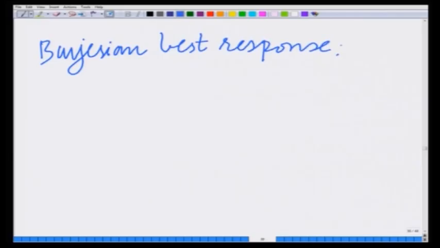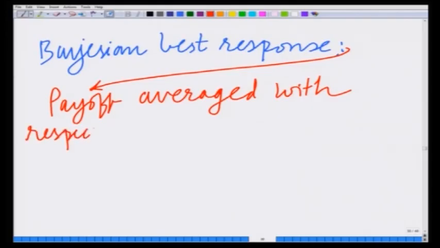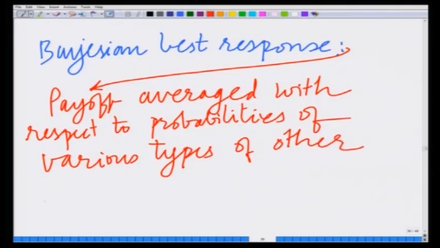It is the payoff averaged with respect to the probabilities of the various types of other players.